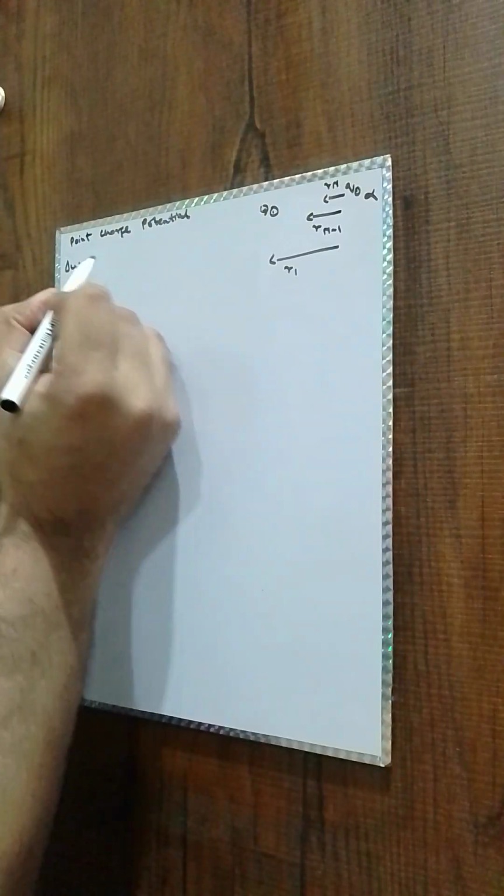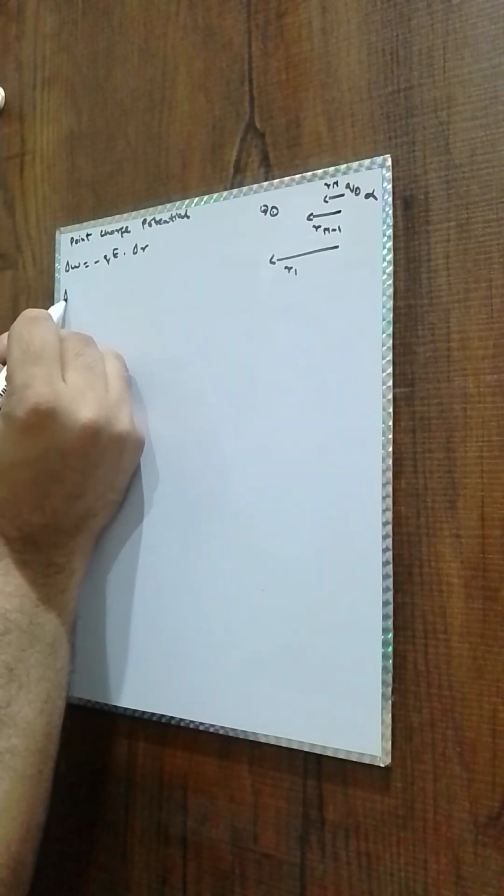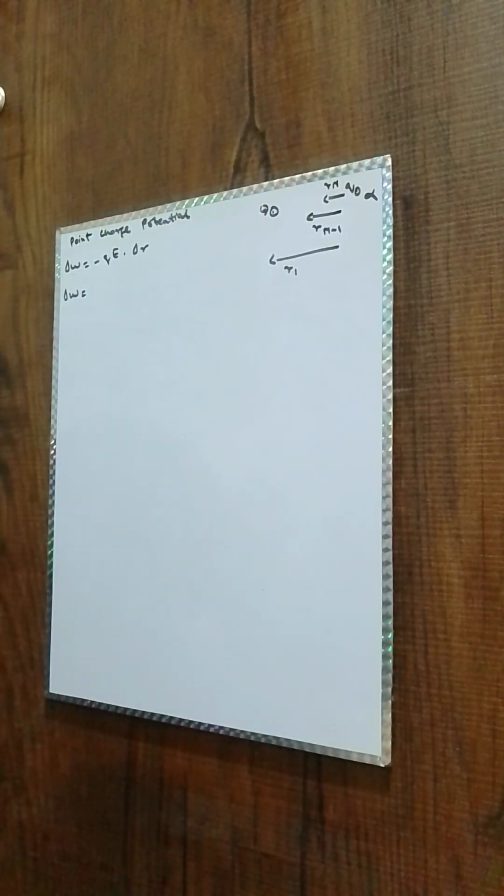Delta W is equal to force times distance, that is qE times delta R, and delta W is the differential work between one point Rn to the other point Rn minus 1, and so on.